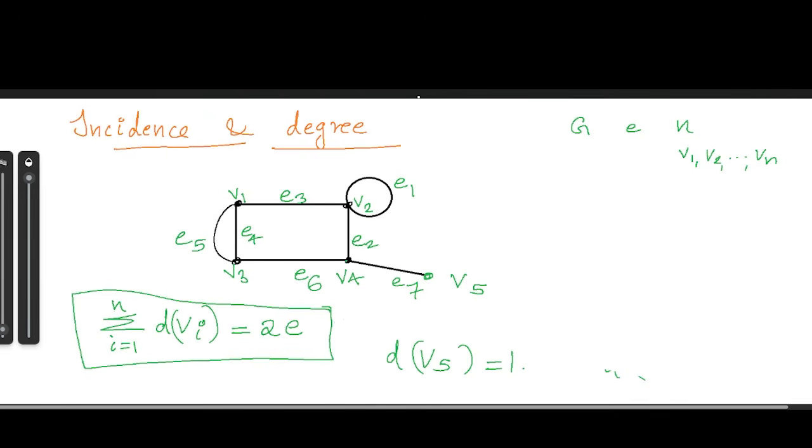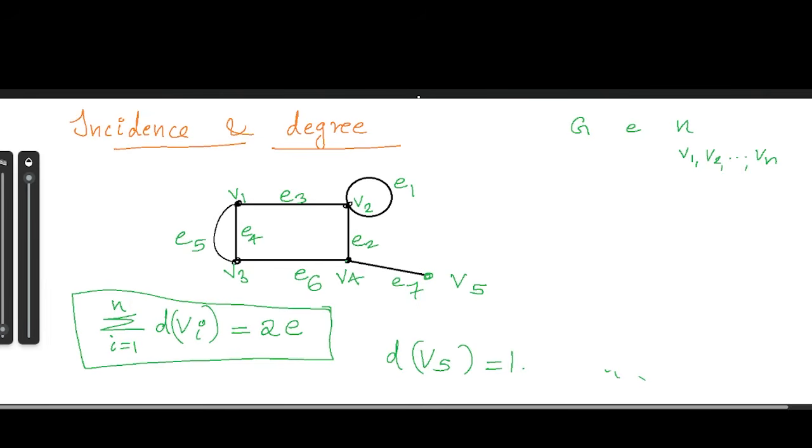Similarly, each edge contributes 2 degrees. So since each edge contributes 2 degrees, the sum of the degrees of all vertices in G is twice the number of edges in G. And hence we have sigma d of Vi is equal to 2E.